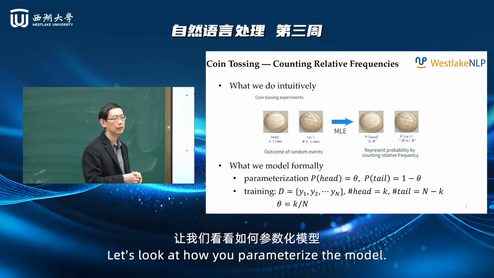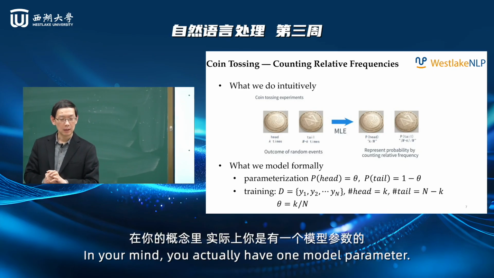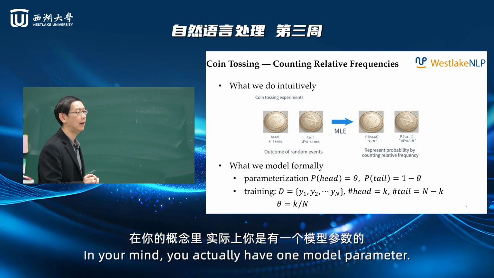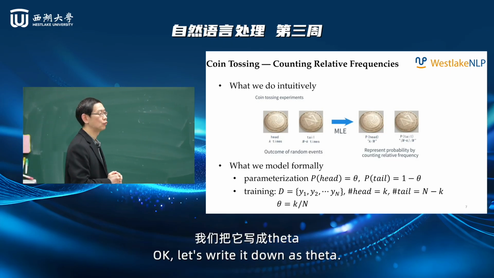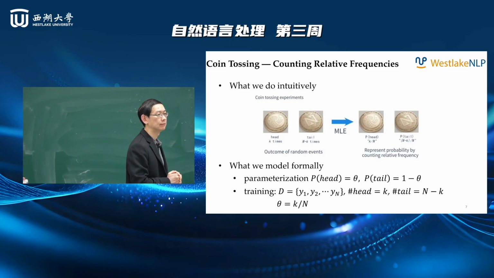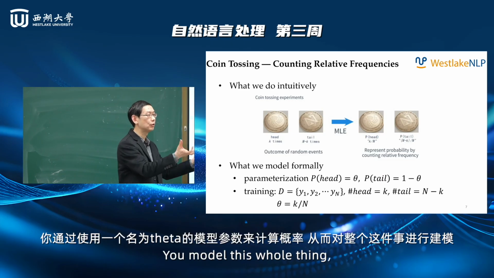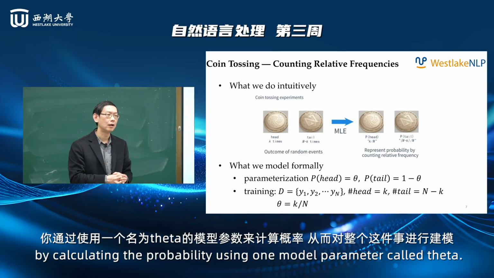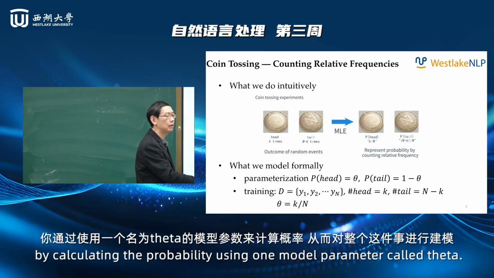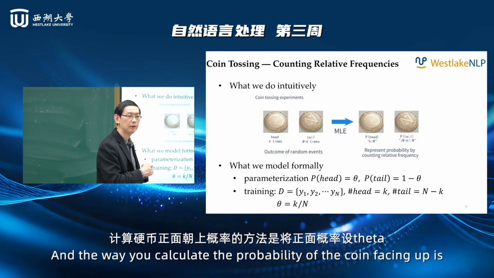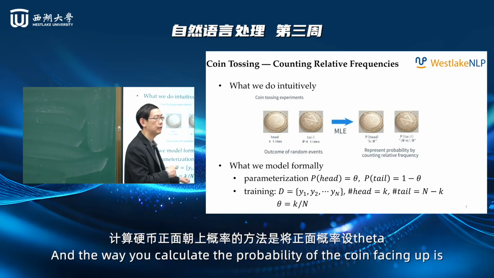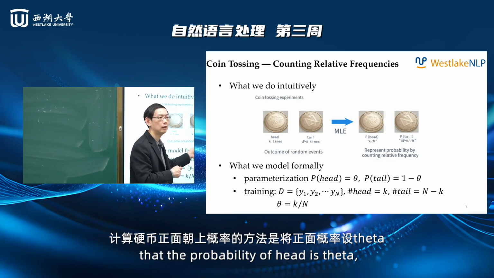Let's look at how you parameterize the model. In your mind, you actually have one model parameter. Let's write it down as theta. You model this whole thing by calculating the probability using one model parameter called theta. The probability of head is theta.